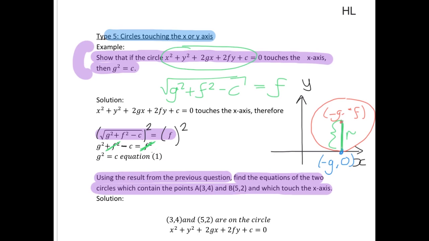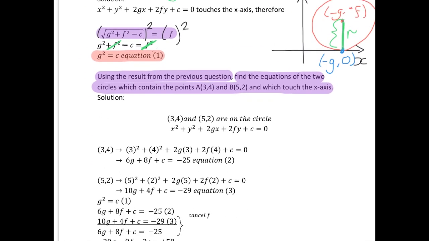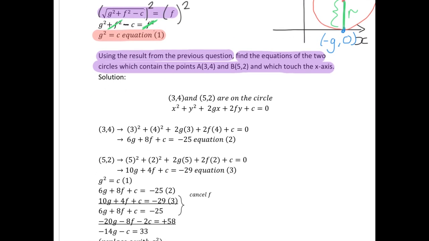So before moving on, we're just going to label the equation that we found, g squared equals c, as equation 1. And then we're told that there are 2 points on the circle. So just like our previous questions, we're going to fill those points into our general equation to get 2 equations in terms of g, f, and c.